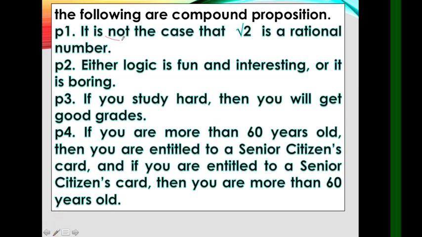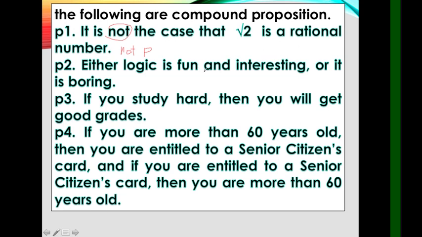Therefore, it is not P, right? So it is a compound proposition, and we can make two declarative sentences from this statement.